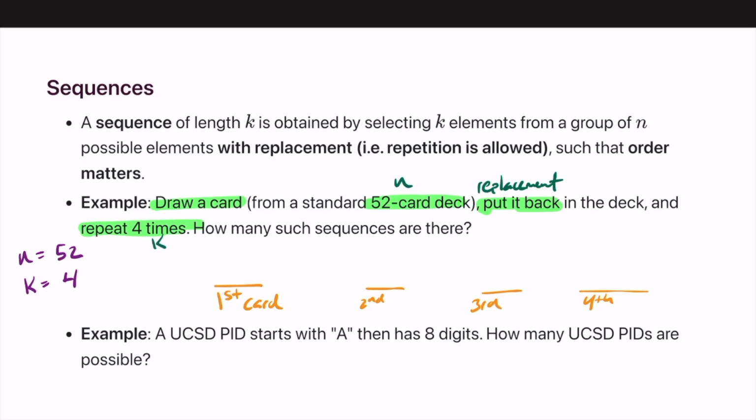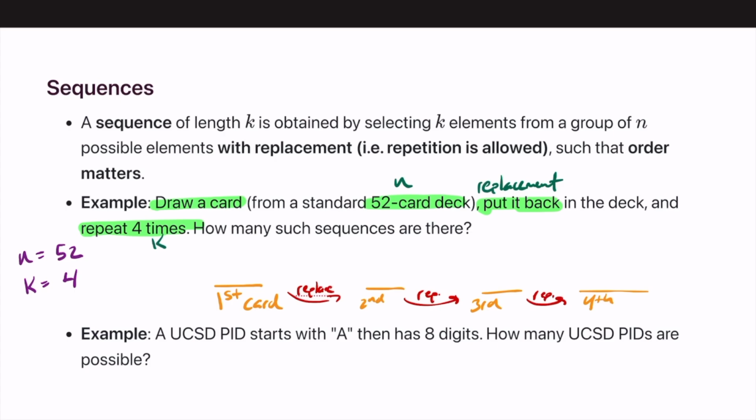And every single time we draw a card, we will take that card and replace it.